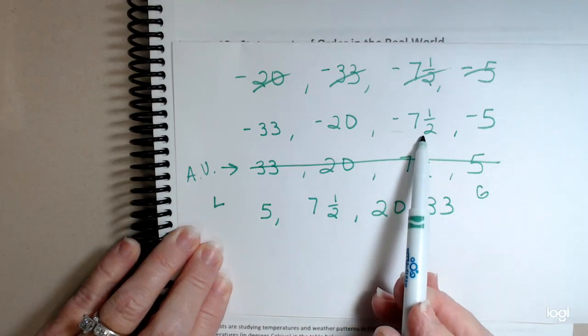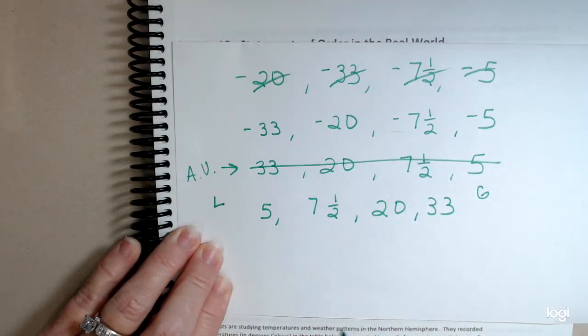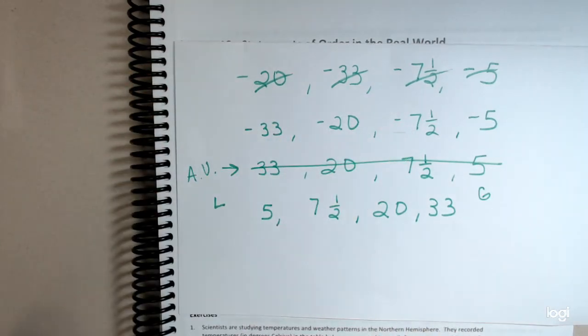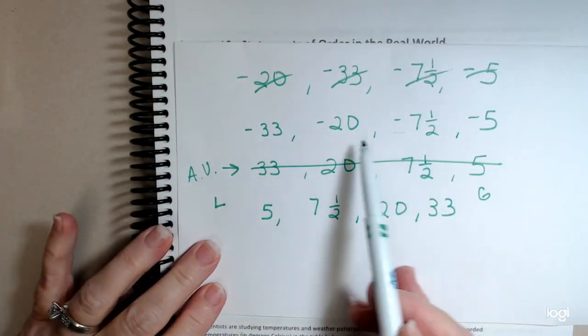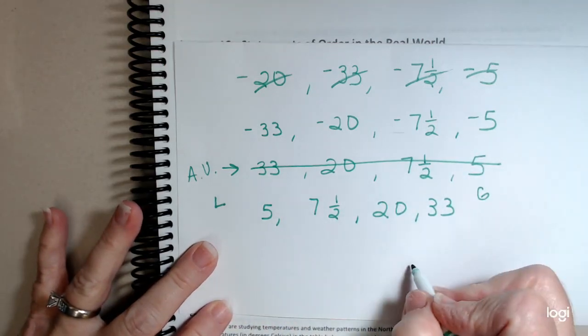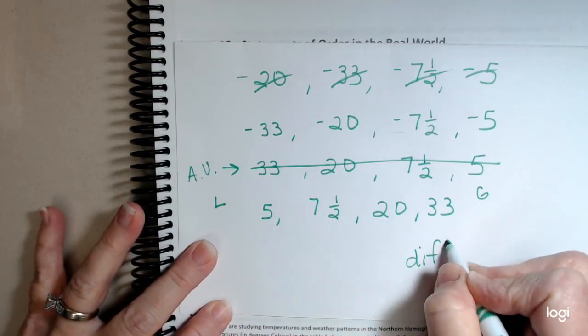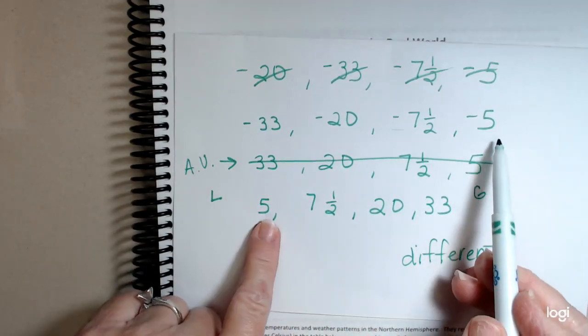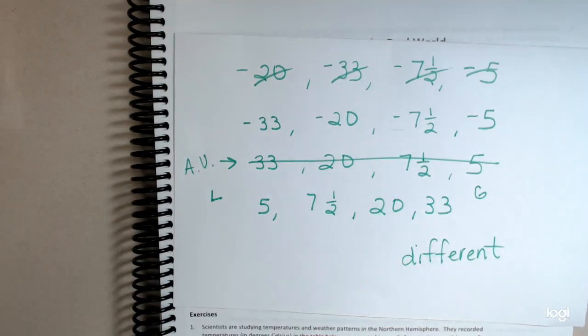Oh, that's not an integer, is it? So if you notice, are these numbers the same? They are not. When I look at negative numbers and their absolute value, the order is different. It is not in the same order. It's basically what we would call opposite order.